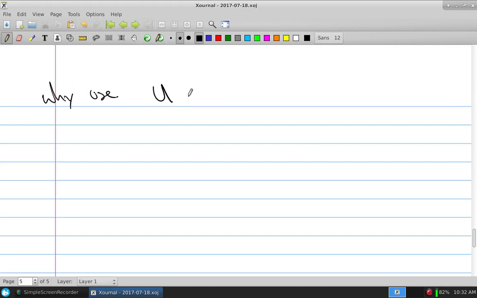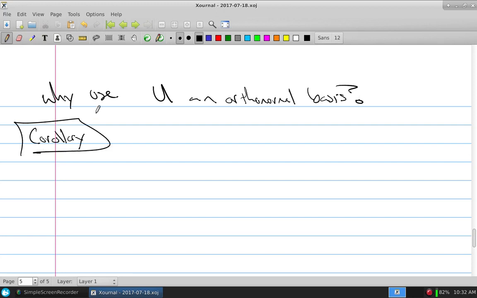Why use U, a set, an orthonormal basis? Well, the first one, it's a corollary to this theorem that we had, which was, if I have an orthonormal basis, if I have that V1 is equal to A1 U1 plus A2 U2 plus everything up to AK UK.